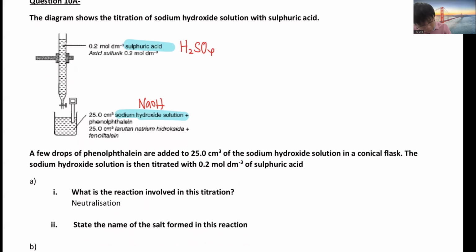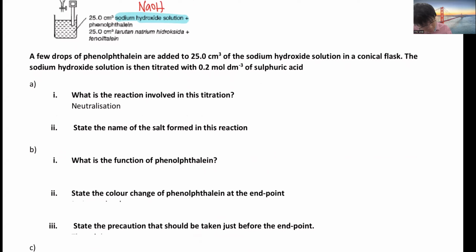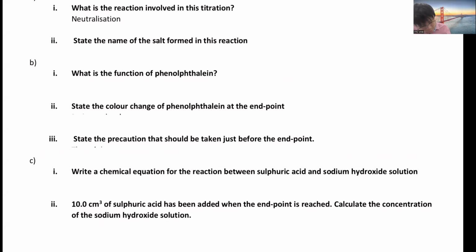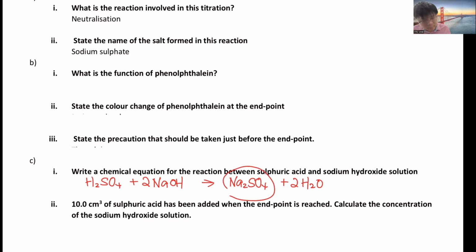For the salt produced, write the chemical equation: H2SO4 plus sodium hydroxide gives Na with SO4, and H and O will become H2O. Balance the equation, put 2 here. Then the salt produced will be sodium sulfate.